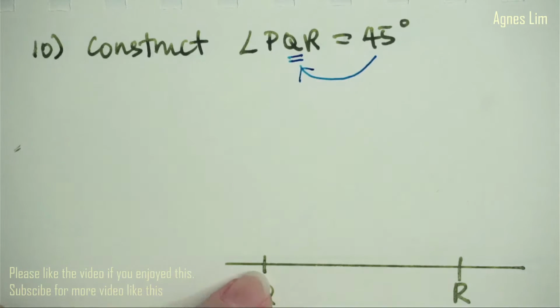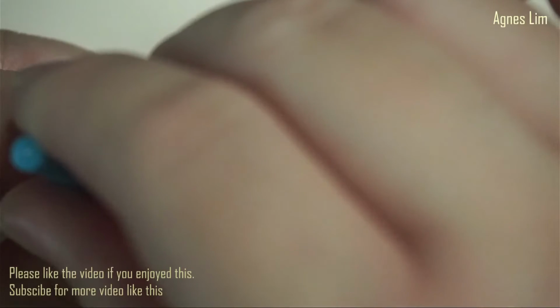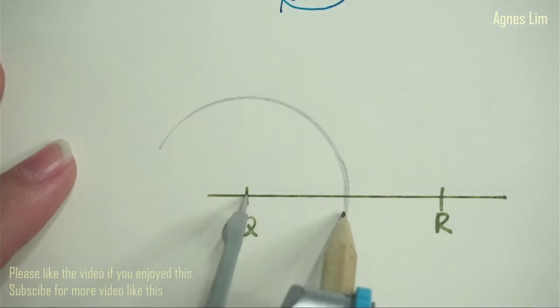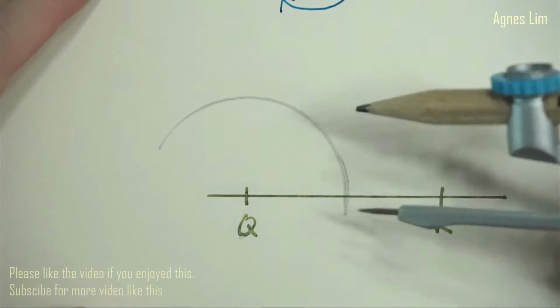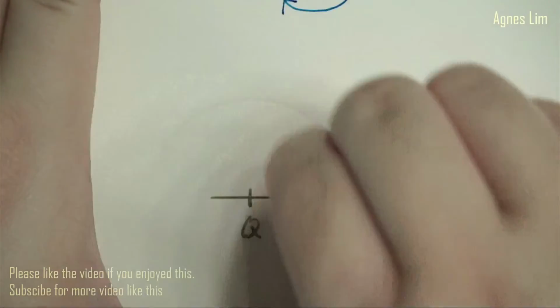Now I do not want to extend this line, so what I'm going to do is I'm going to use the 120 degree method. So 120 means I need to do the big arc. Okay, let me start that again because it doesn't look tidy.